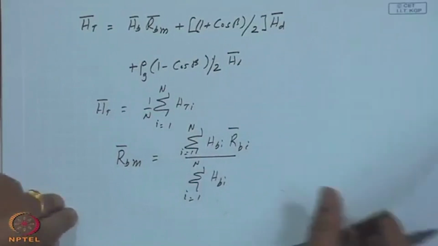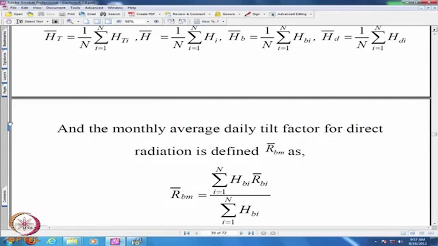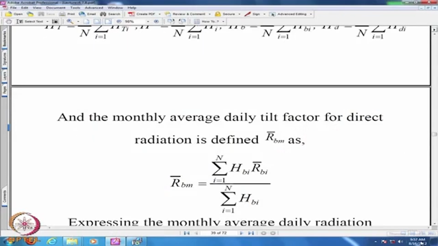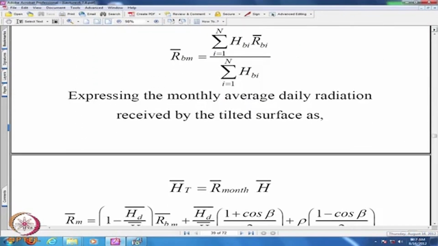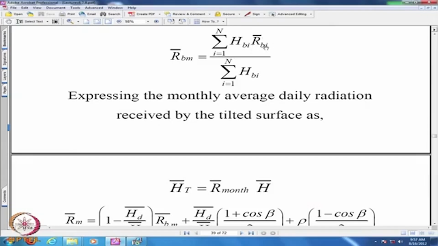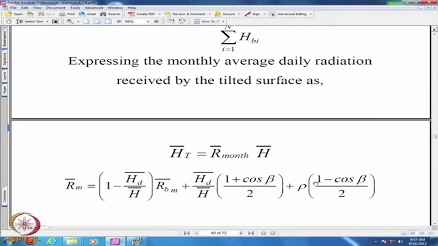Again, we have lost certain simplicity. You need 30 calculations, even if we had already approximated each day's value of R_B bar i by calculating through suitable approximation, which we discussed earlier.